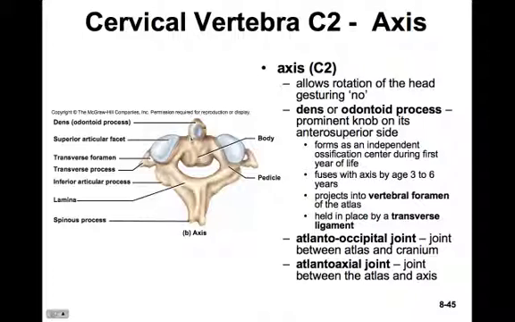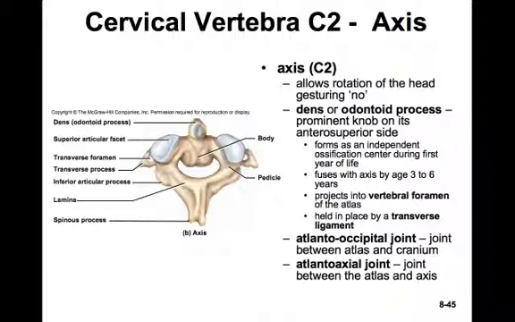This is a prominent knob on the anterior-superior side. The axis does have a small body. It certainly has superior articular facets that interact with the inferior articular facets of the atlas. We'll see a vertebral foramen where the spinal cord passes through.